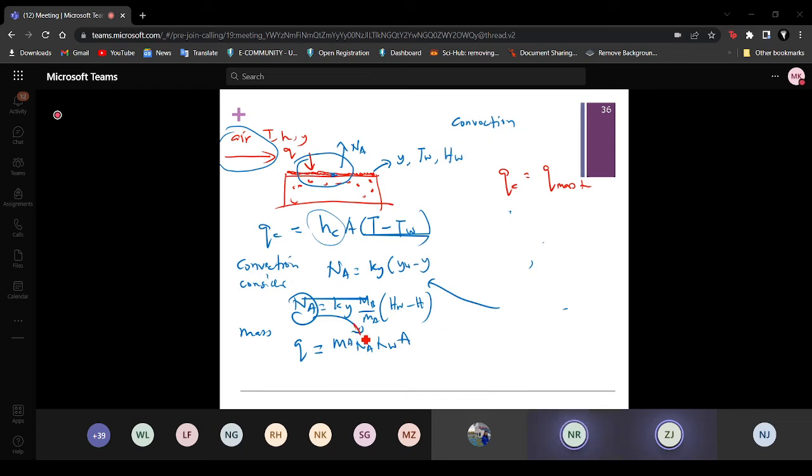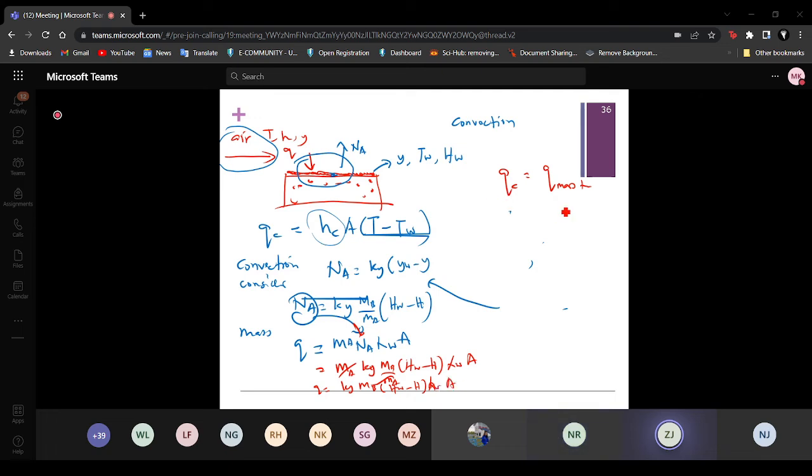So when you replace it here, it becomes MA, and NA is basically KY MB over MA (HW minus H) times latent heat times area. Okay, so this one you can cancel out. So now Q for mass transfer becomes KY MB (HW minus H) latent heat times area.